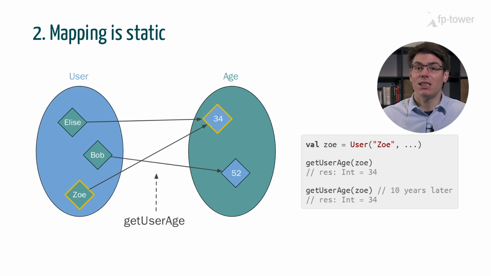When we get an instance of the user class, this is a snapshot of the modelization of a real user. And when we say that the user Zoe is 34, what we mean is that when we created a representation of Zoe, she was 34 years old. The snapshot is immutable, and that's why getUserAge will always return 34 for this specific instance.